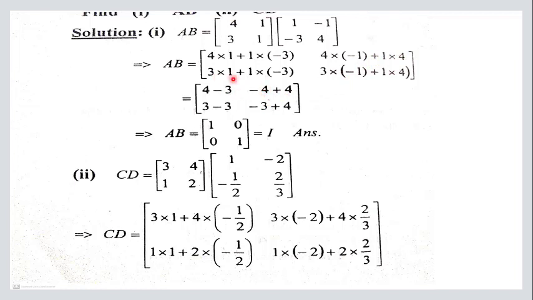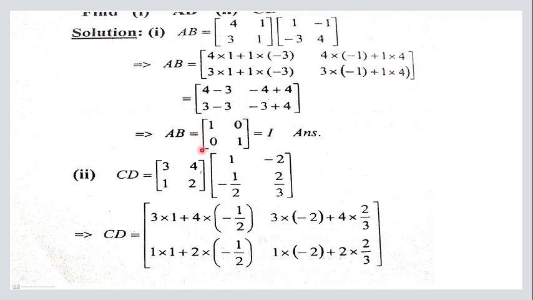Similarly, 3 multiplied by 1 is 3, plus into minus is minus, 1 times 3 is 3, so minus 3 over here. 3 multiplied by -1 is -3, and then plus 1 into 4 is 4. Now 4 minus 3 is 1, -4 plus 4 is 0, 3 minus 3 is 0, -3 plus 4 is 1. Now this is [1 0; 0 1], so AB is equal to [1 0; 0 1].